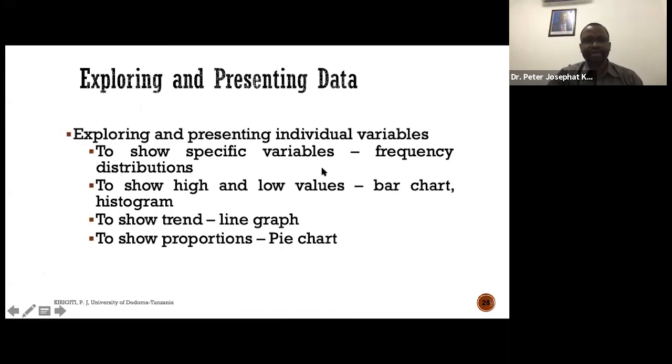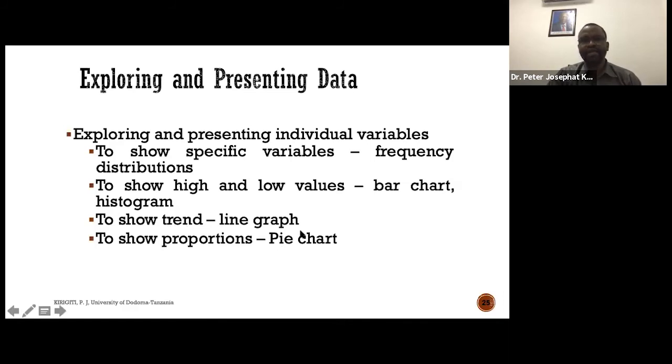For instance, coming to the descriptive, we wanted to show specific variables. Then we wanted the frequency distribution. Is the frequency distribution appropriate for qualitative or quantitative? We wanted to show high and low values. We will go for the bar chart, for the histogram. We are interested to show trend.